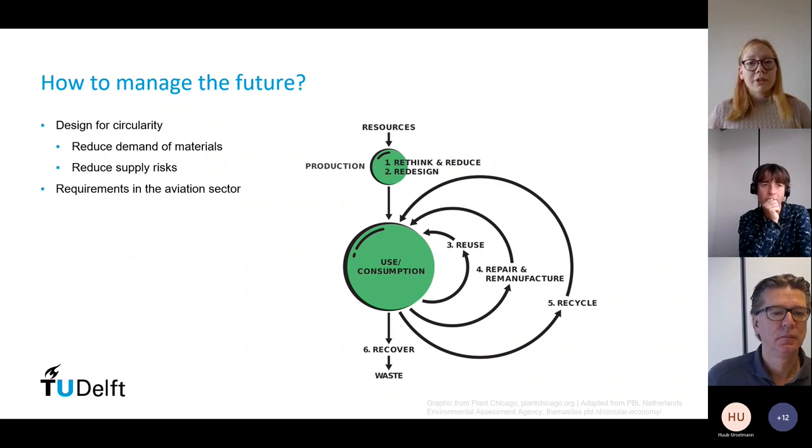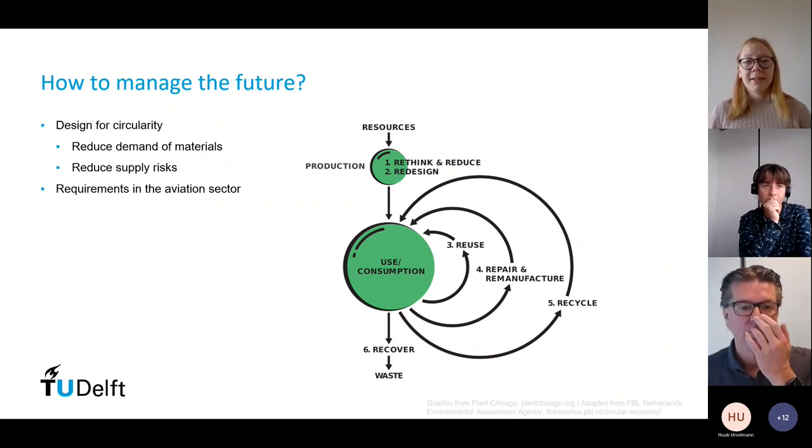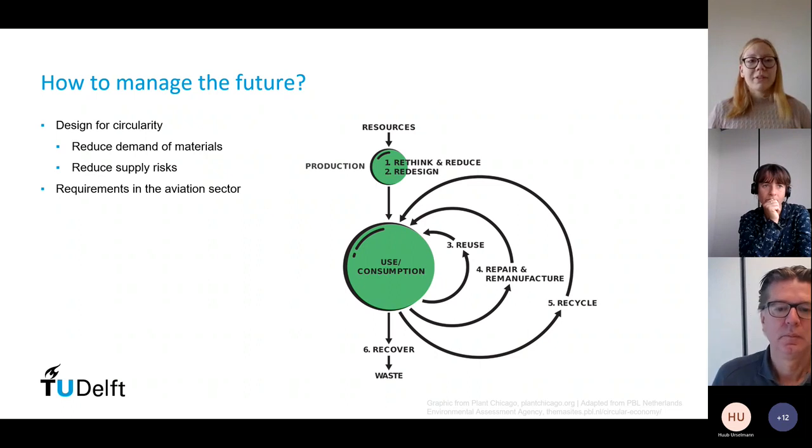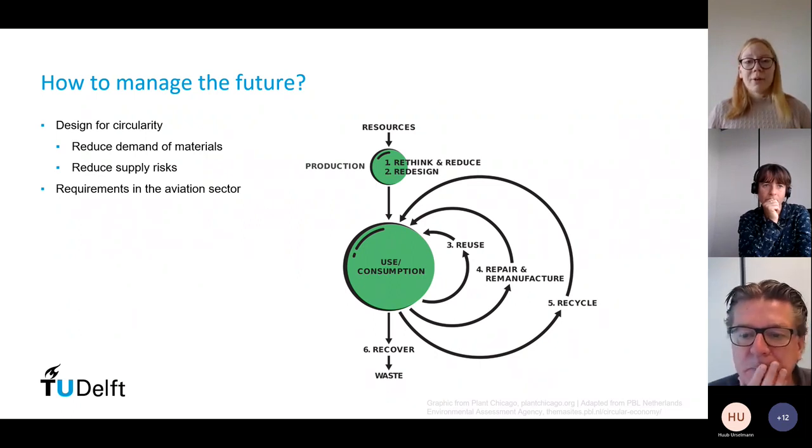So not all of the strategies apply to all of the components across all of the sectors. That is something I want you to think about. How can we apply this in the aviation sector and to other sectors as well? And how can we think with these circular strategies when we are designing or using different materials and components?